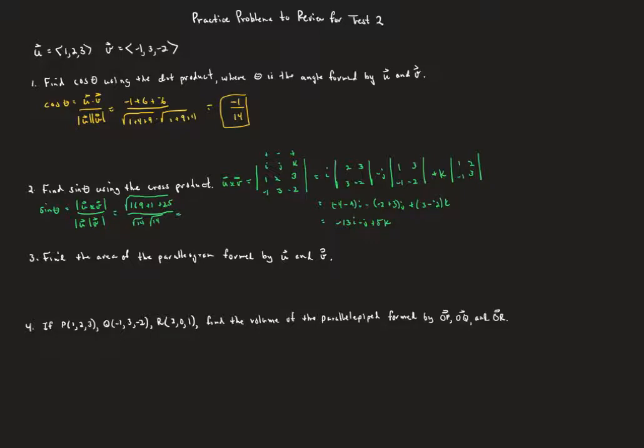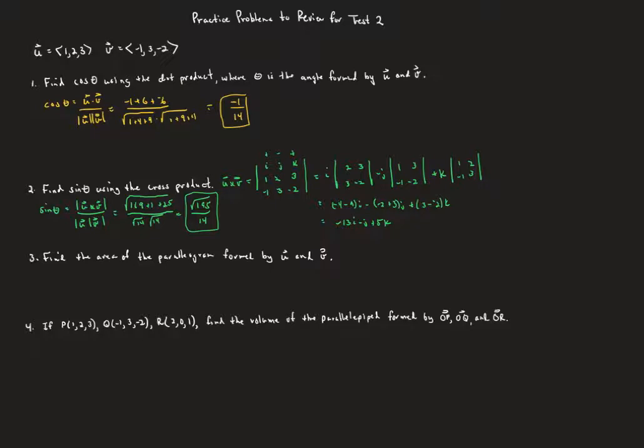So let's see, 169, 170, I think square root of 195 over 14, and that'll work for us. There is our sine of theta, and that's what we were asked to find.